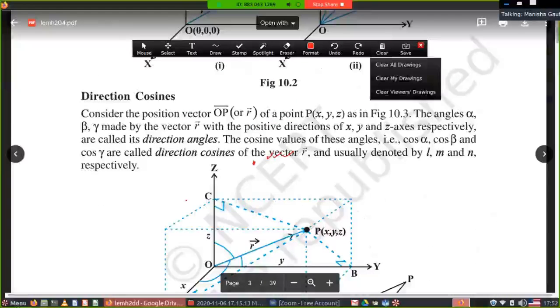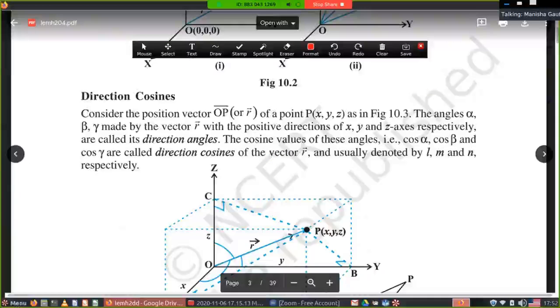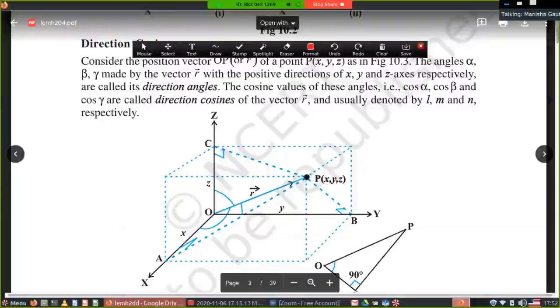The direction cosines. Direction cosines means what? A vector makes an angle with the positive direction of the x-axis, the positive direction of the y-axis, and the positive direction of the z-axis. The cosines of those angles are known as the direction cosines of the given vector.